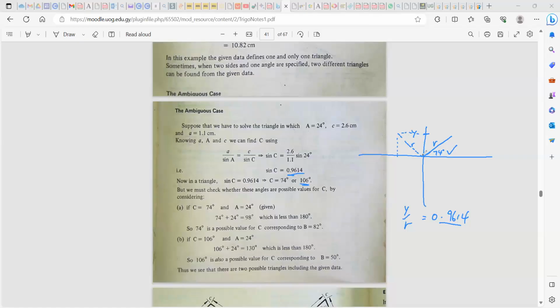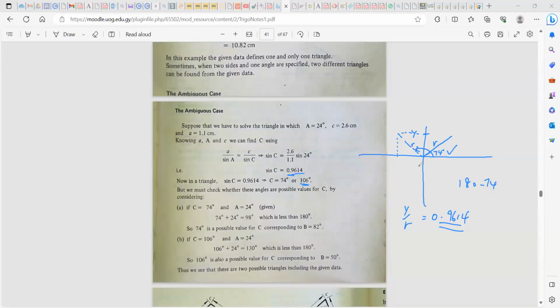And using your little bit of geometry, and that's where that 180 minus 74 thing somebody talked about just now. There is another angle coming from here that goes there, right? Whose sine is also 0.9614. Do you see that? So while we might want to say the calculator gives us 74, there is another angle there. As a matter of fact, there are infinite number of angles whose sine is 0.9614. Just to get that out to the beginning.